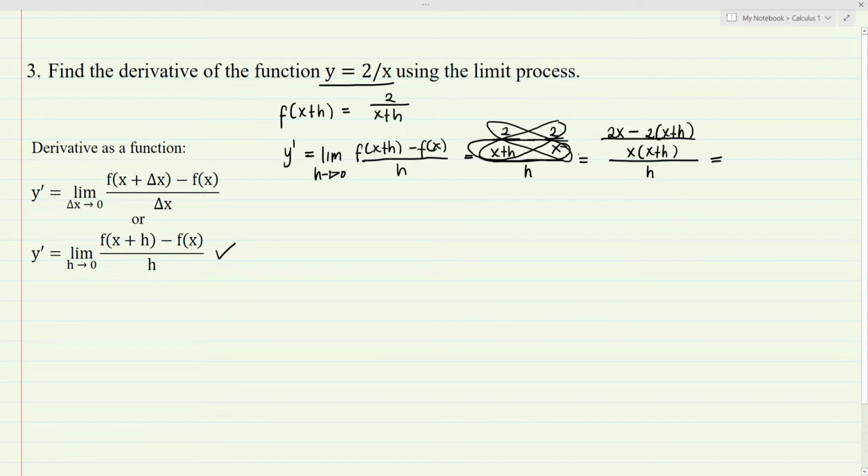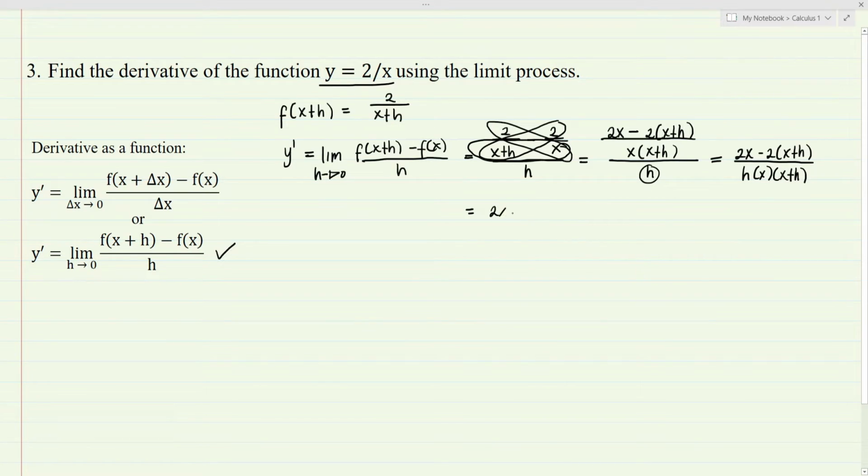We have here division of fractions. To simplify this one, just multiply this denominator with the denominator of the numerator. So its simplified form would be 2x minus 2 times x plus h divided by h times x plus h. Let's simplify that further. I can distribute negative 2 from this factor here.